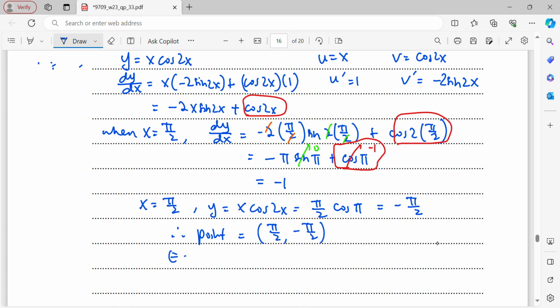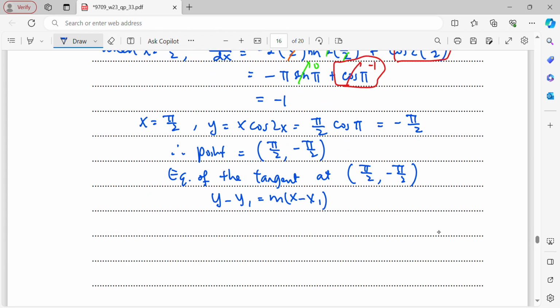Now my equation of tangent at pi over 2 and negative pi over 2, use the formula y minus y1 equals m times bracket x minus x1.